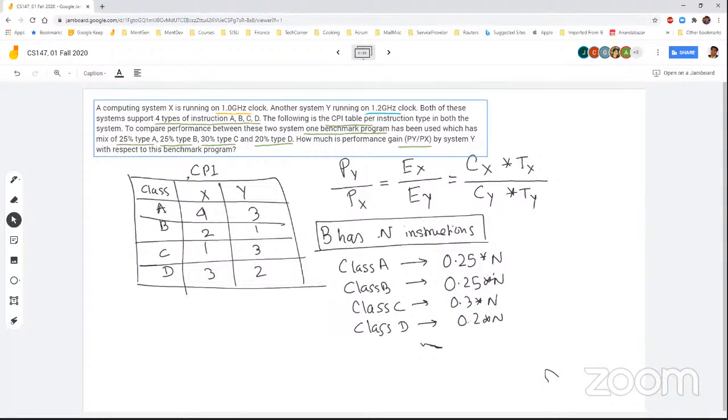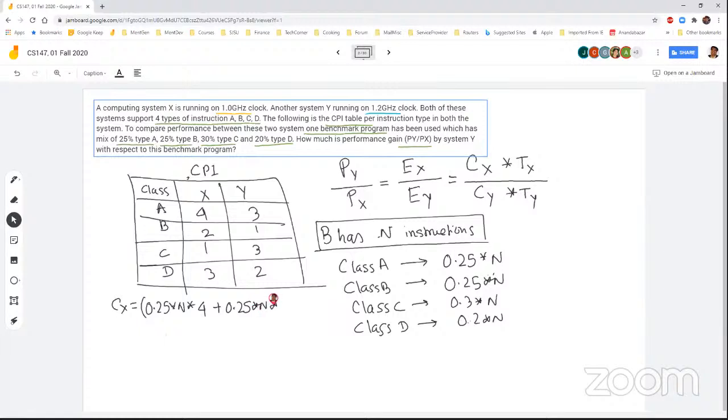Now that means my CX, the total number of cycles for X, would become 0.25 multiplied by n multiplied by CPI, clocks per instruction, for type A, which is 4, plus 0.25 multiplied by n.